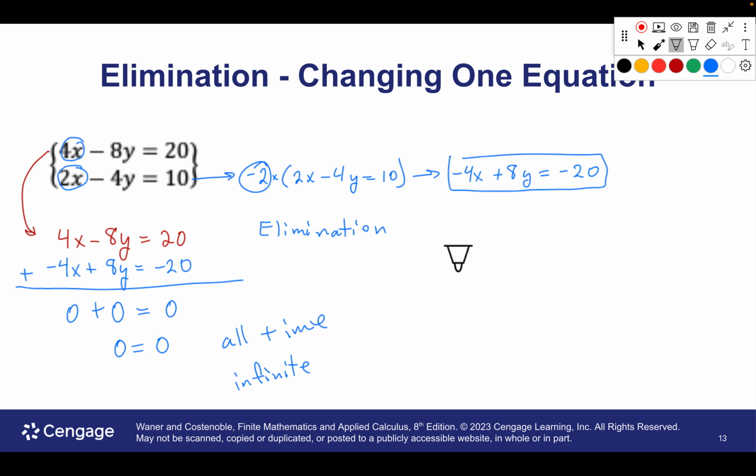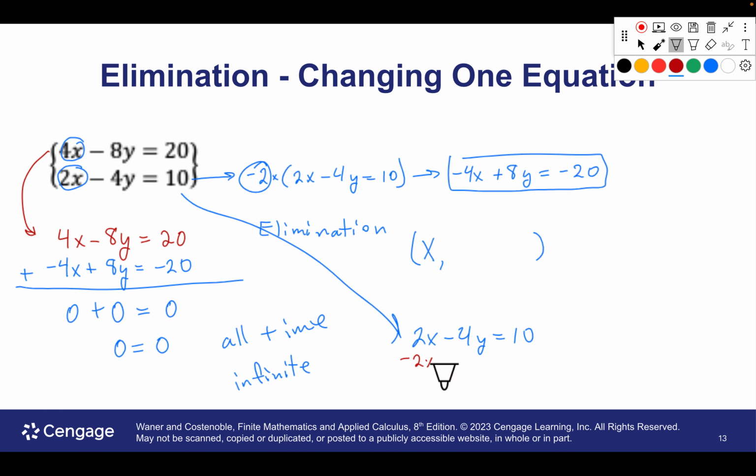The way I go about listing all the solutions, it's really just one line. So I'm going to have x and I'm going to have its parameter. The parameter I get by taking one of these equations, and since they're the same line, it doesn't really matter which one I use, and I solve for y in this case. Solving for y parameterizes in terms of x.